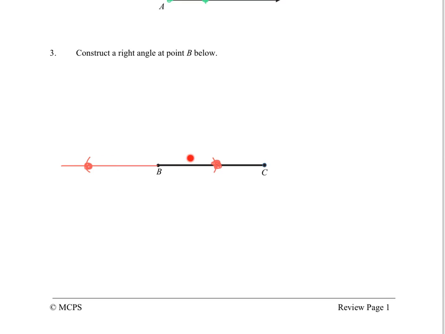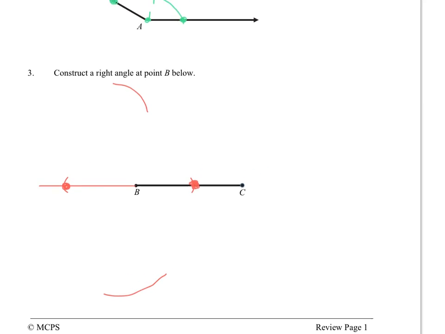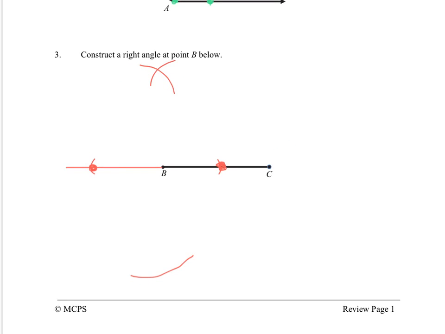So it's got to be a length that ends somewhere over here. And from this original point right here, we're going to make an arc of that length above and below. We're going to take the same length and now go from our other point, and we're going to make that arc, which is going to go up here and down here.